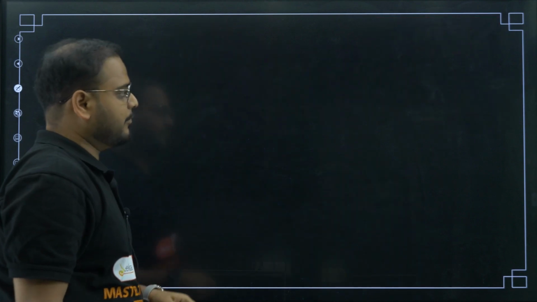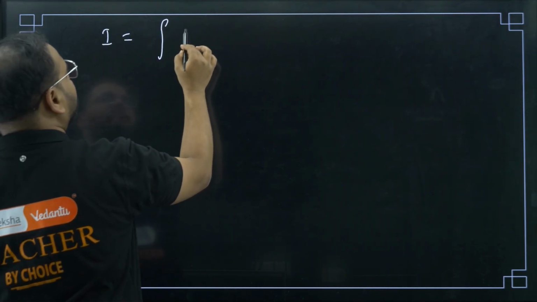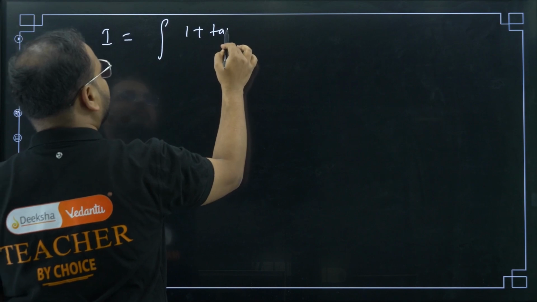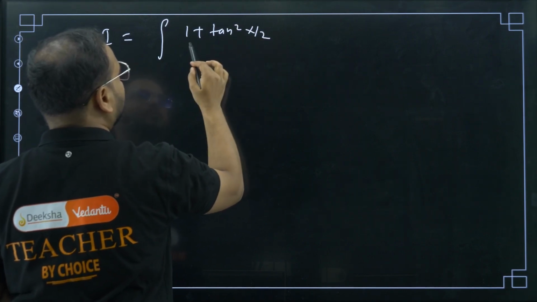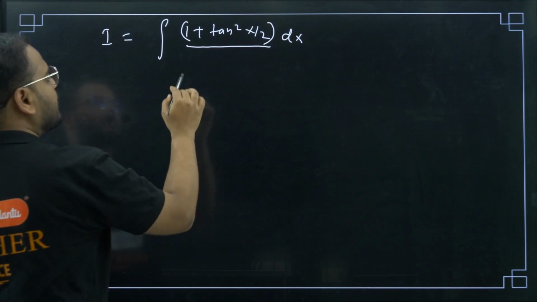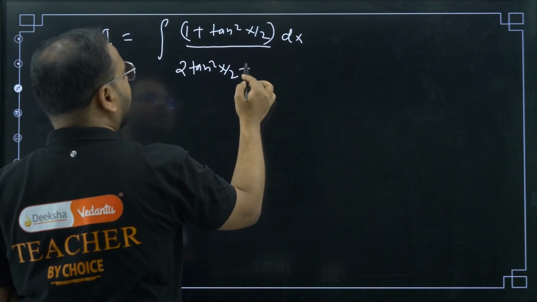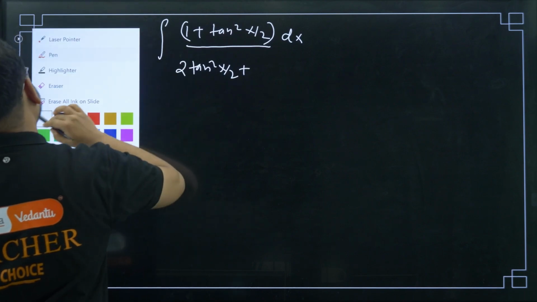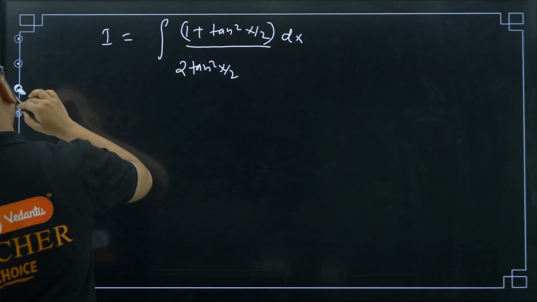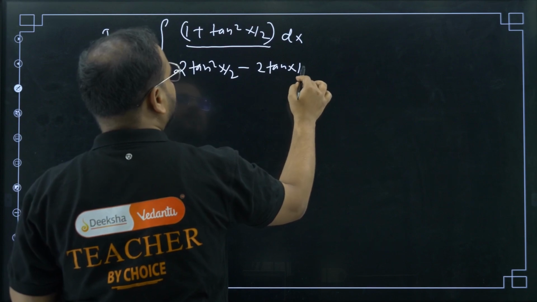My integration I will change into integral of 1 plus tan square x by 2, dx is there obviously, and the denominator is 2 tan square x by 2 minus 2 tan x by 2.